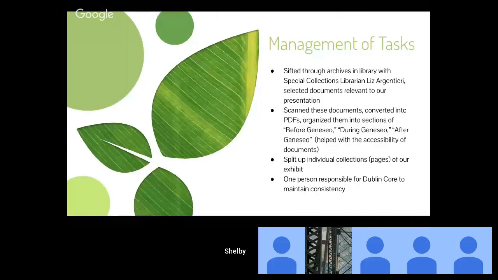So for our management of tasks, we basically lived in the library for this project. The main part of our project was sifting through archives on the bottom floor of the library, which no one even knows is a thing. It's right in the fishbowl, in the clear glass door in the middle of the bottom area of the library. We couldn't have done any of this without this wonderful woman named Liz Argentieri, the special collections librarian here.